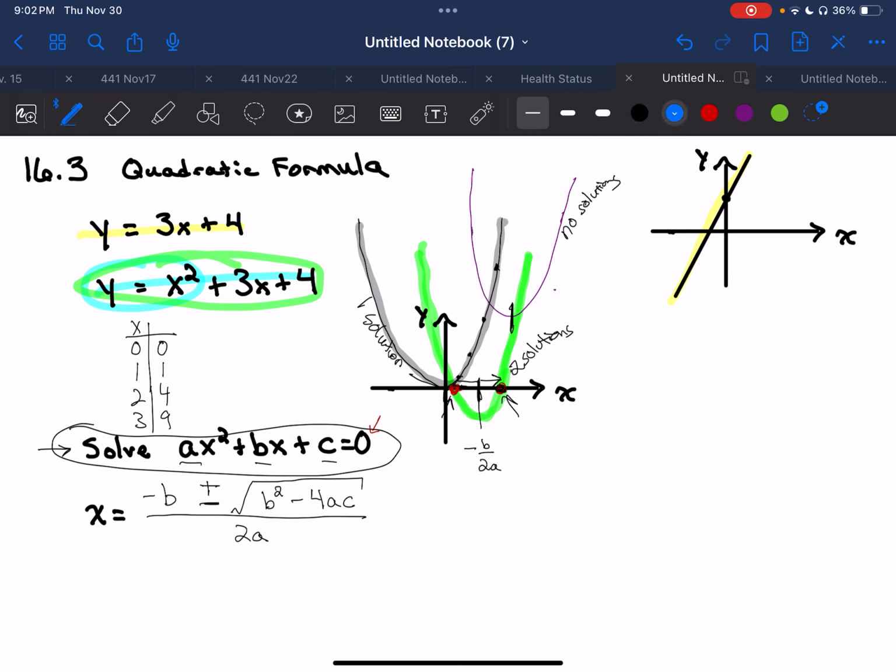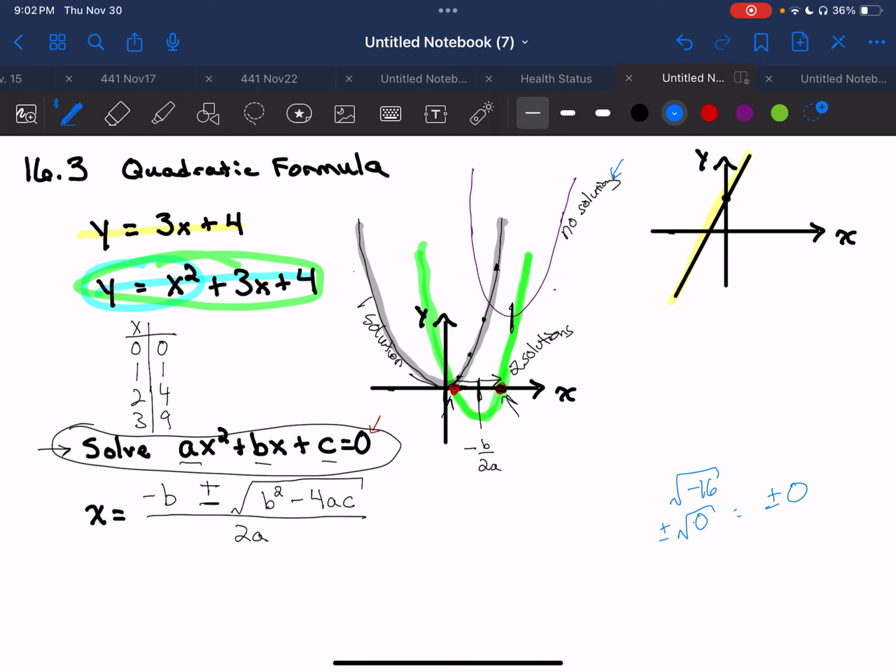If we're trying to take a square root, then we could not get a real answer. That is, we could have the square root of a negative number. Square root of negative 16 is not a real number, and that would be the scenario of no solutions. If we end up with square root of 0, then if I add or subtract this, it doesn't make a difference.